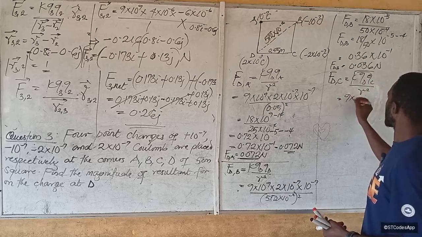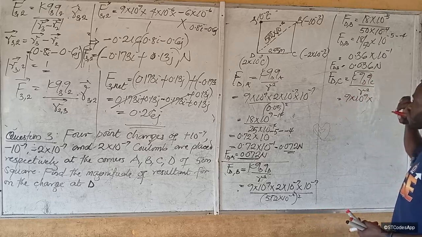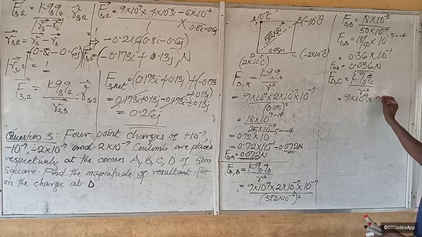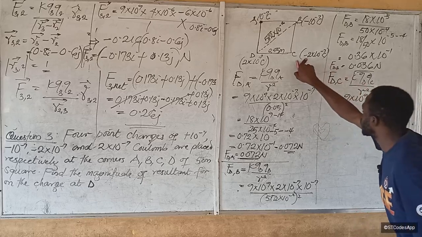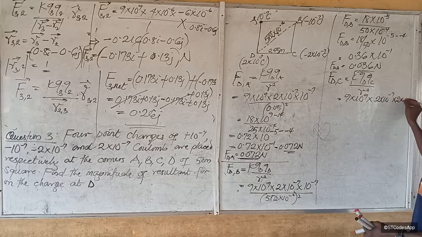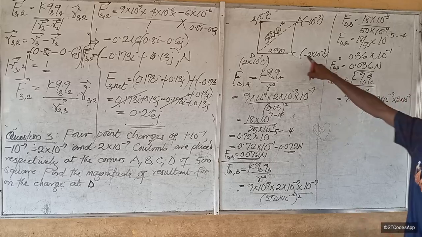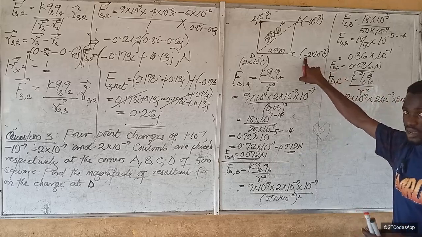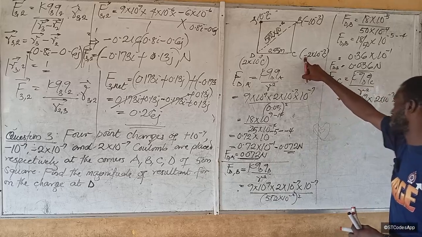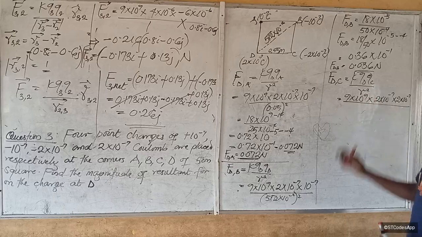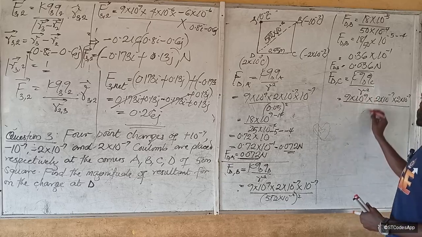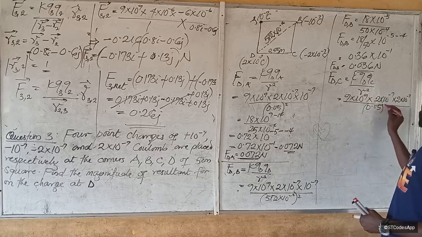So 9 times 10 raised to the power 9 times QD, still 2 times 10 raised to the power minus 7 times QC. Look at the way I just eyeballed the minus now. R squared, the same 0.05 all squared.